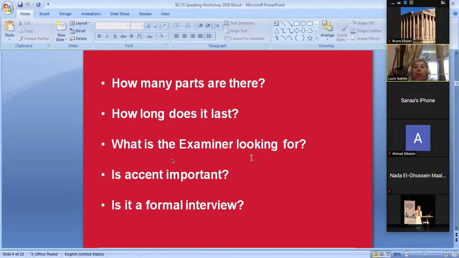Okay. Now, Sana, what is the examiner looking for in your speaking? What are the elements? I think he needs to see my fluency of speaking and pronunciation. Excellent. Yes. Anything else? Grammar. That's correct. Grammar.